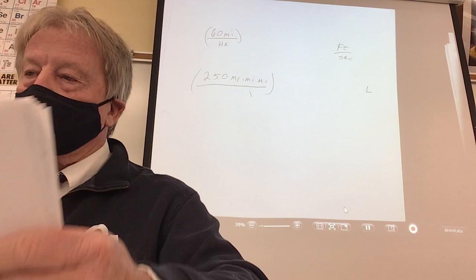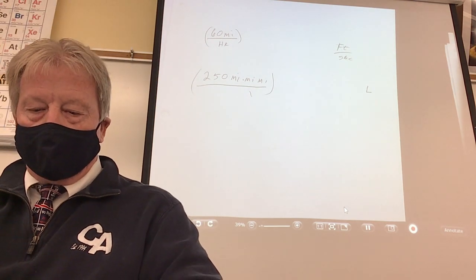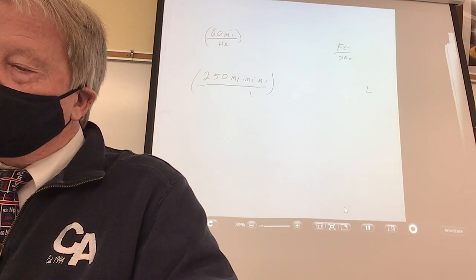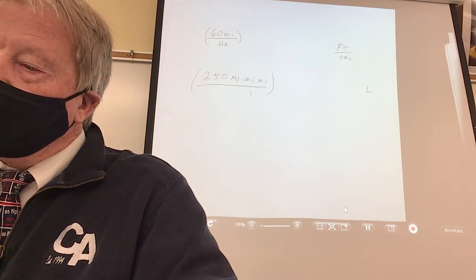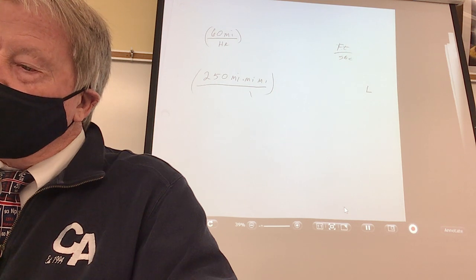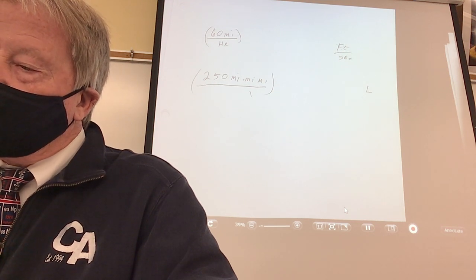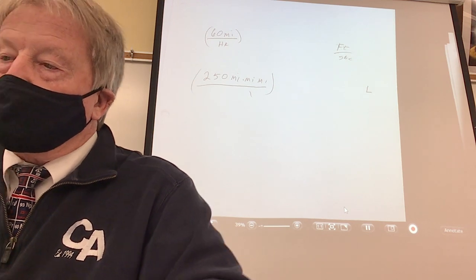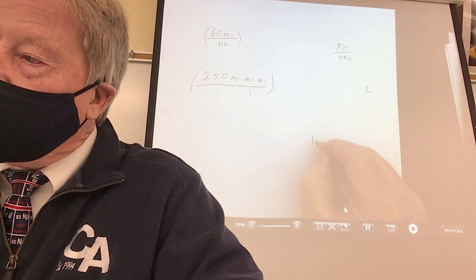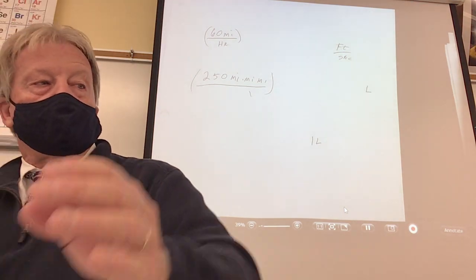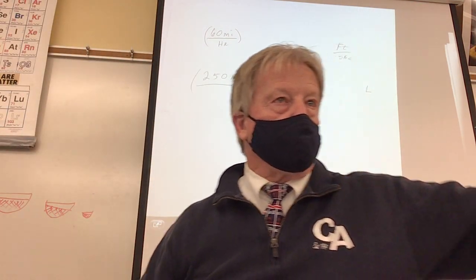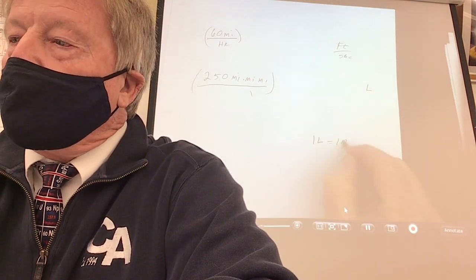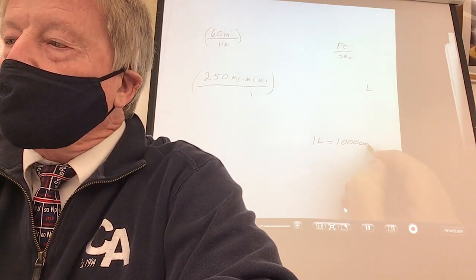Okay, I need to help you with that one. Is it on the back? Okay, look under volume. There it is. Okay, so I will tell you one that I use a lot. 1 liter, and here's a liter right here. 1 liter equals 1,000 cubic centimeters.